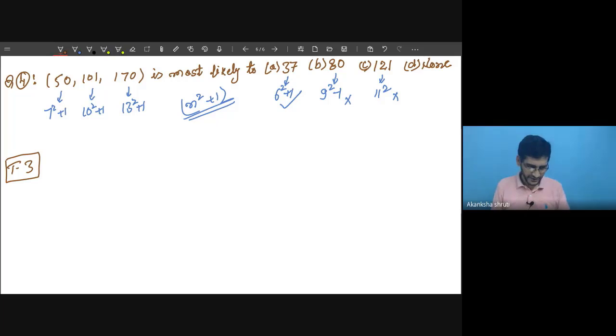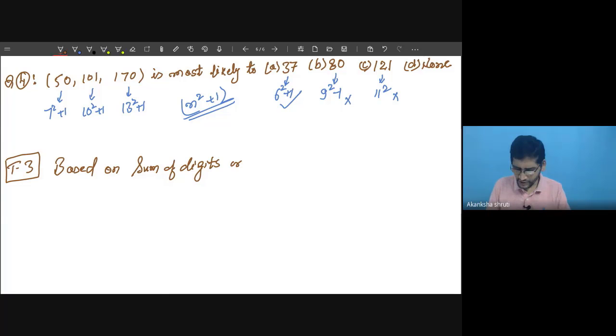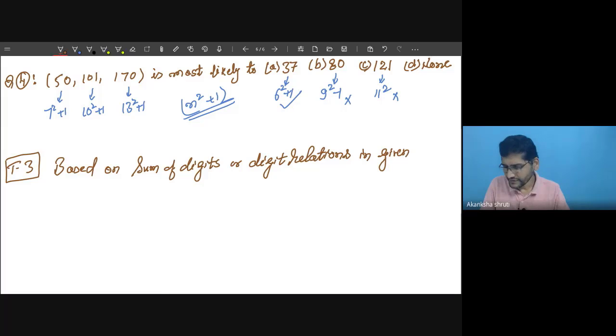Okay. So right, based on sum of digits, or need not always be sum, maybe a digit relation in the given numbers.